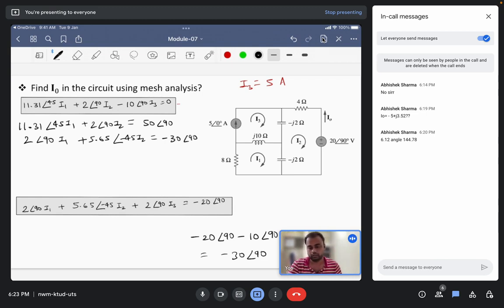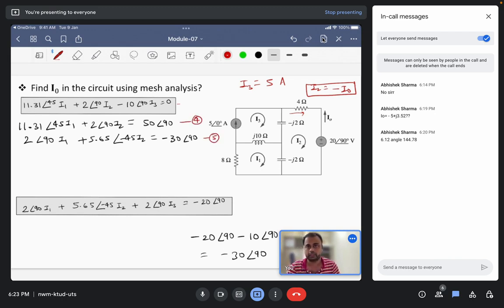So we have to solve for I2, because I2 is opposite of I0. You can see the direction of I2 is in this direction, so I2 is equal to minus I0. First of all, we have to solve for I2. Let us call these our new equations, equation number 4 and 5.